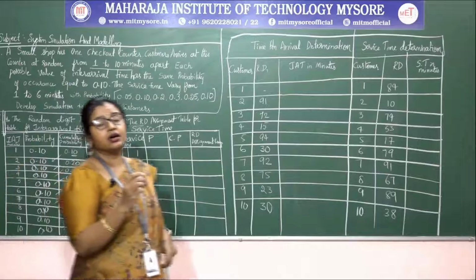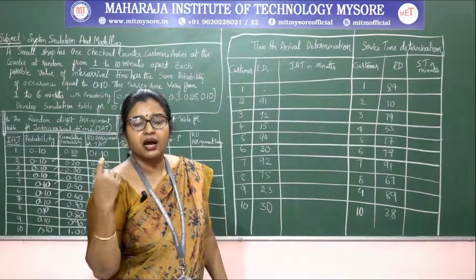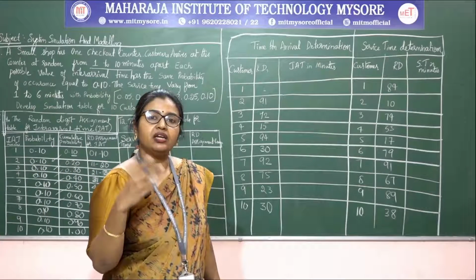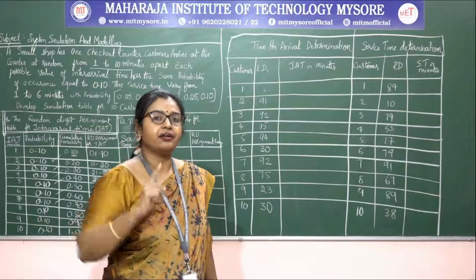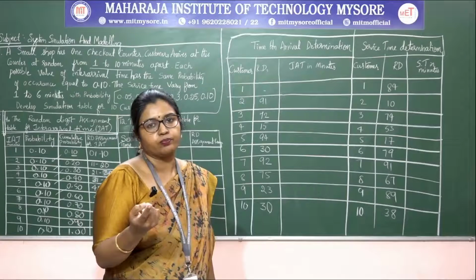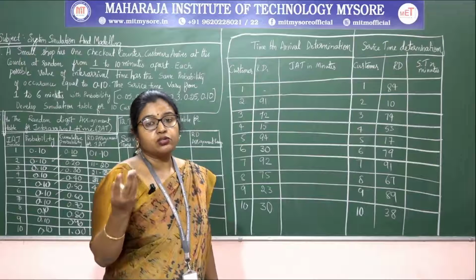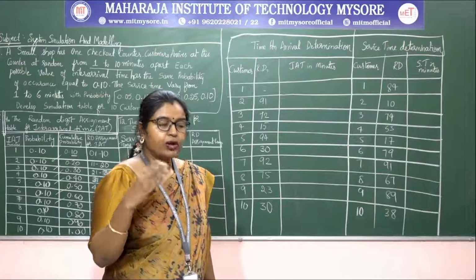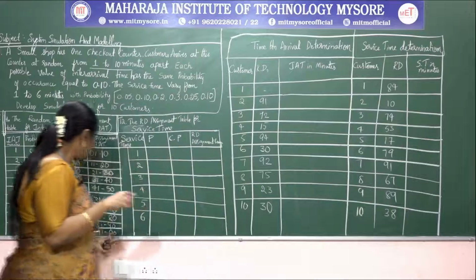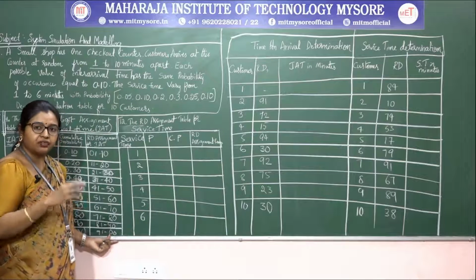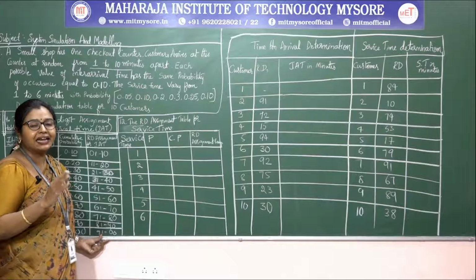Since the random numbers here are only 2 digits, we need to end up with 2 digits only. We should not go with 100 here. Instead of that, we need to go up to 99 only.